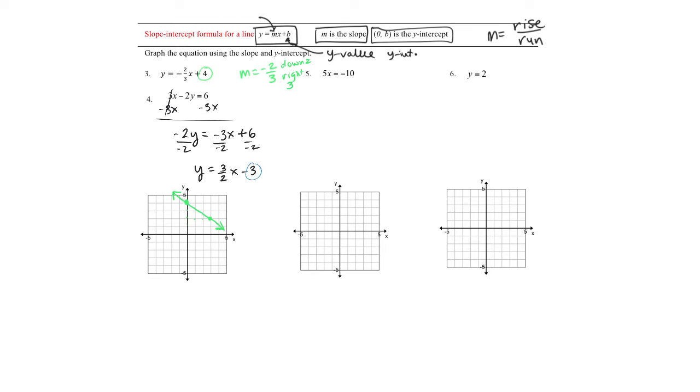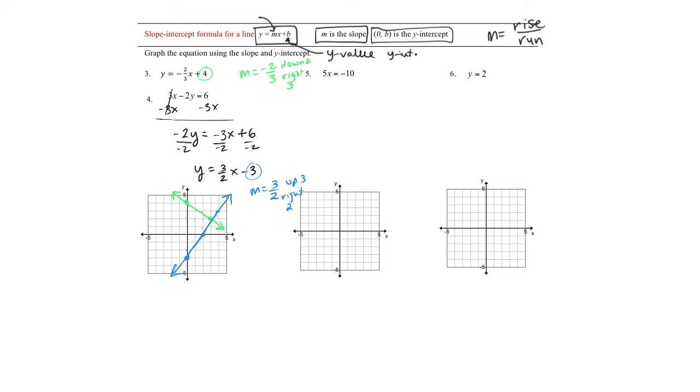Here's my y value of the y-intercept for that second line. And then since the slope there is 3/2, I go up 3, and then I'm always going to go right, whatever that value is in the denominator. So from my y-intercept I go up 1, 2, 3, and then over 2. Up 1, 2, 3, over 2. And there's my next line.